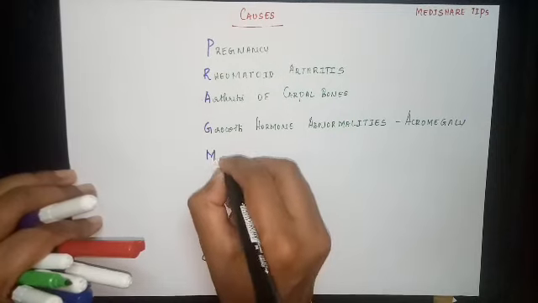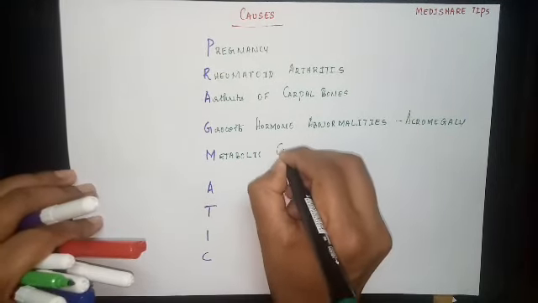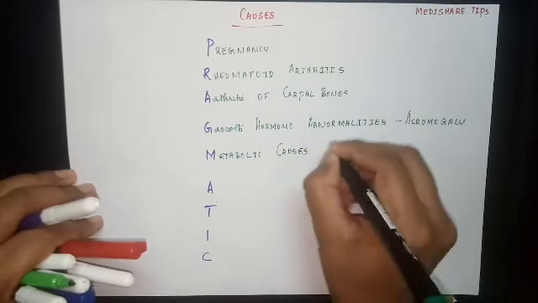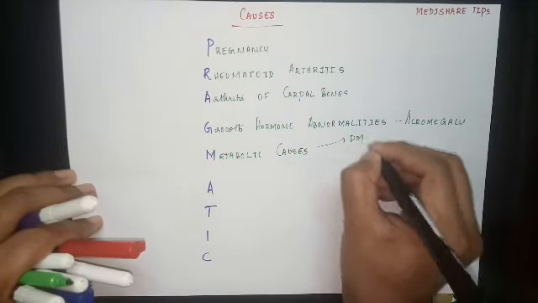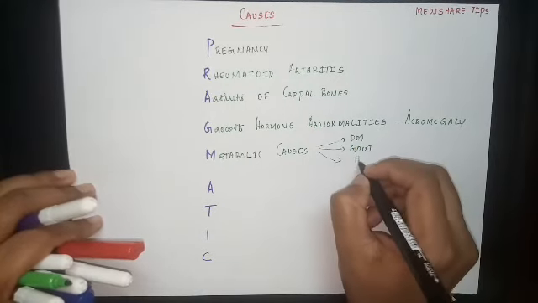M stands for metabolic causes, which include diabetes mellitus, gout, hypothyroidism.